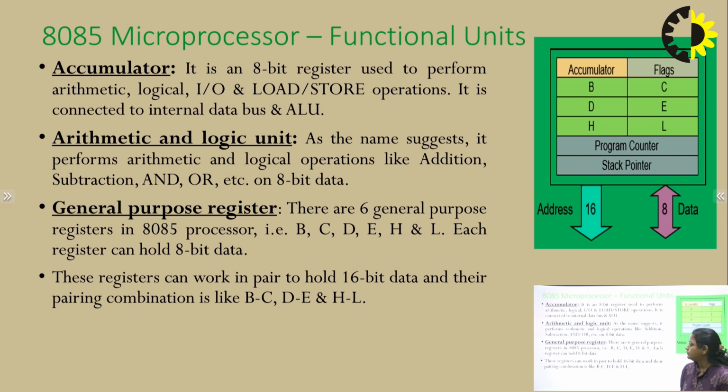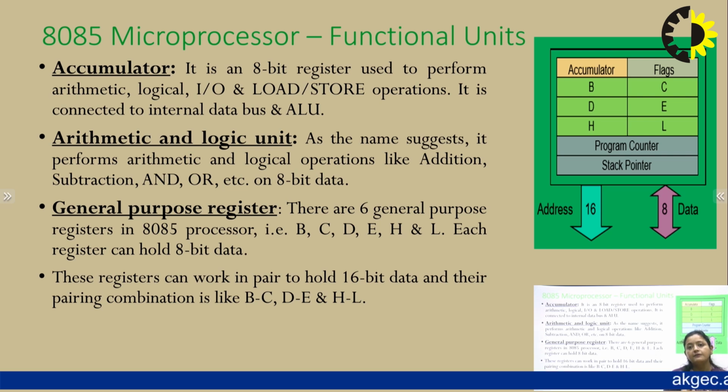Then moving on to the general purpose registers, 8085 microprocessor has 6 8-bit general purpose registers. These are registers B, C, D, E, H and L. Now, the most interesting thing here is you can use these registers individually as 8-bit registers, or if you want a 16-bit register pair, then you can club these registers.